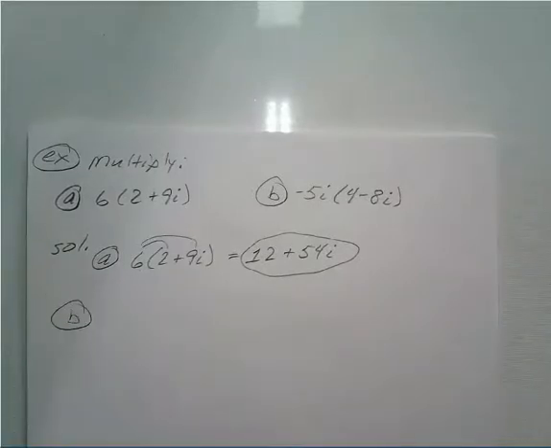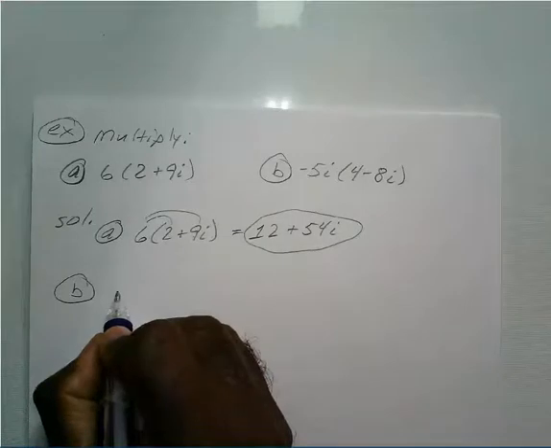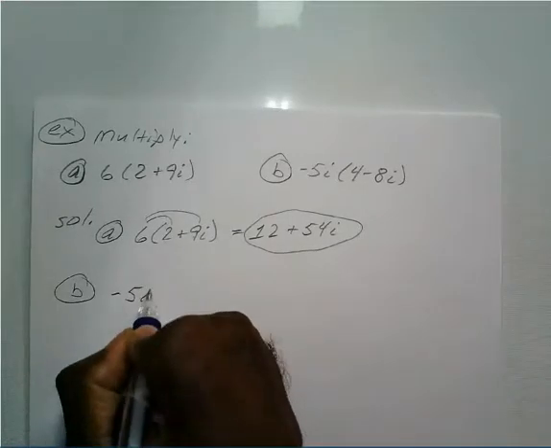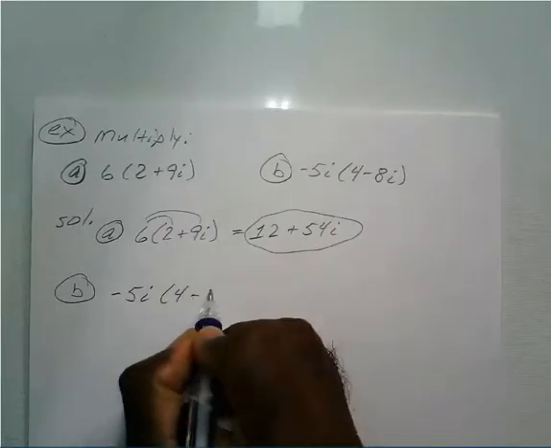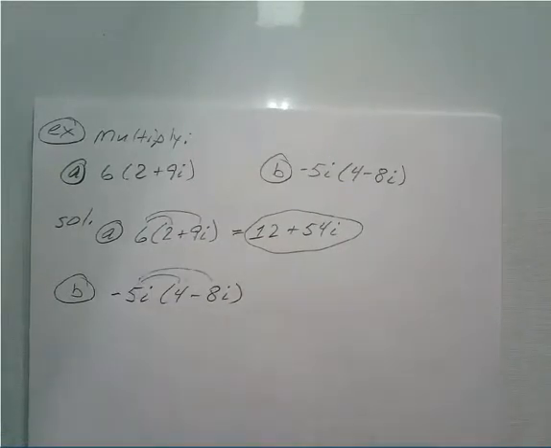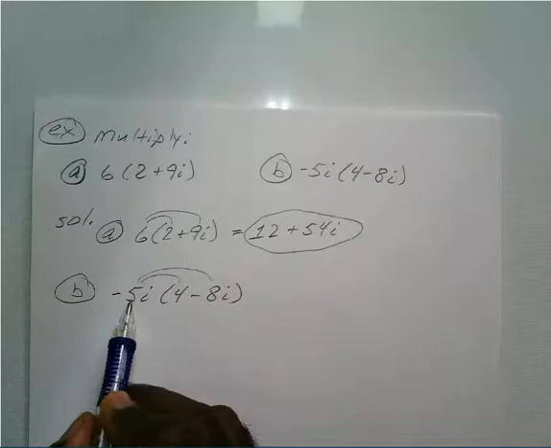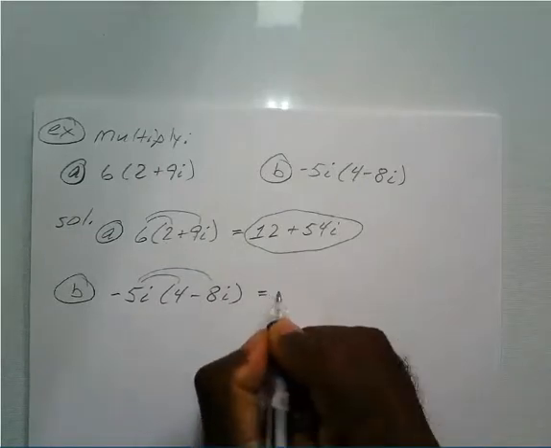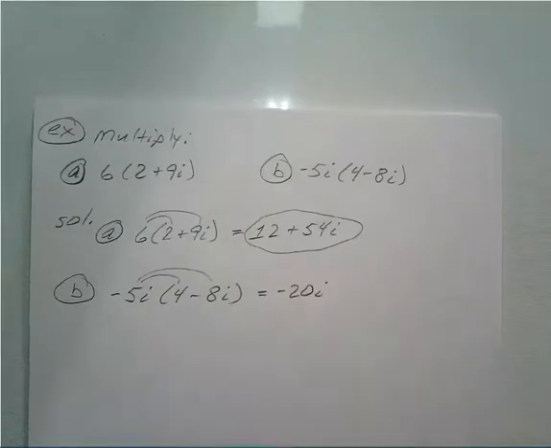But for problem B, you go a little bit further. So -5i times (4 minus 8i). We still distribute. So -5 times 4 is -20, so you have -20i.